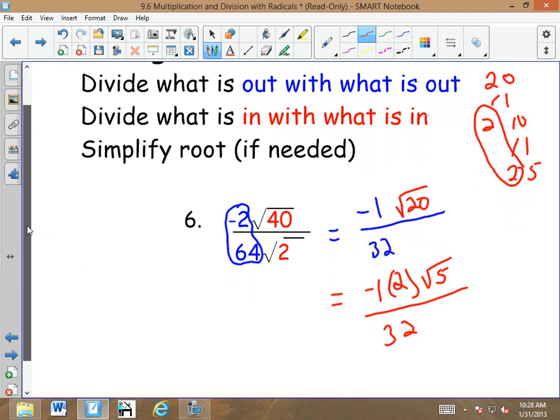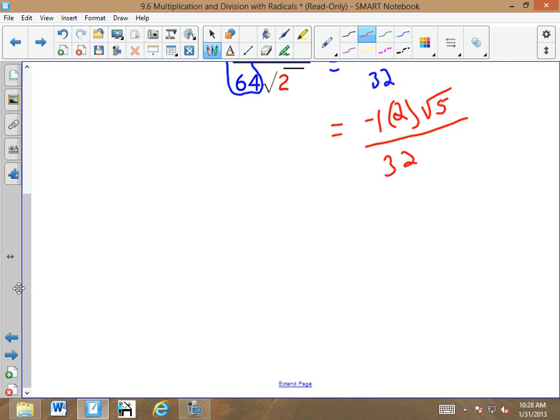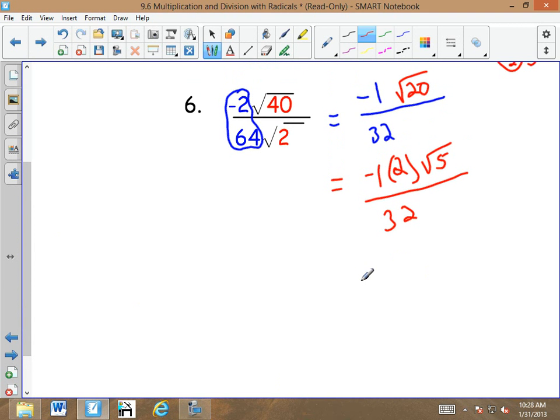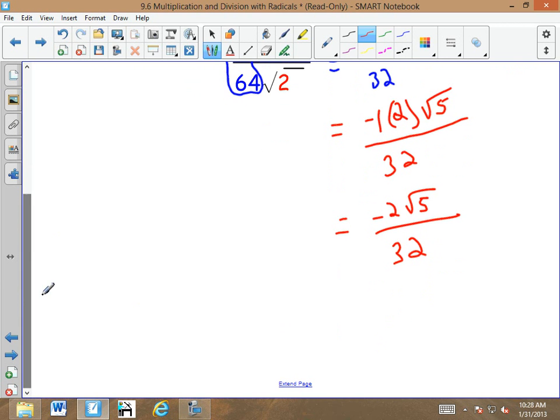So now, this equals negative 2 times the square root of 5 over 32. Well, shucks, negative 2 over 32 can be simplified. Go ahead, put that in your calculator. Negative 2 divided by 32. What does that equal? Negative 1 over 16, and I have to keep my square root of 5.